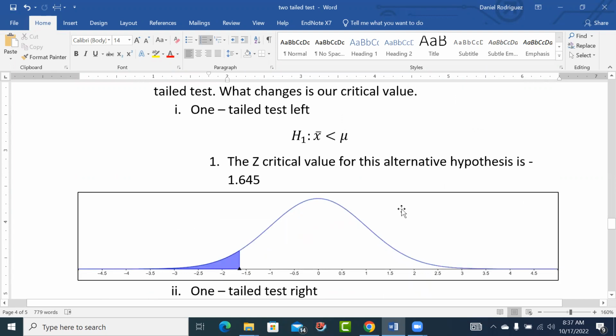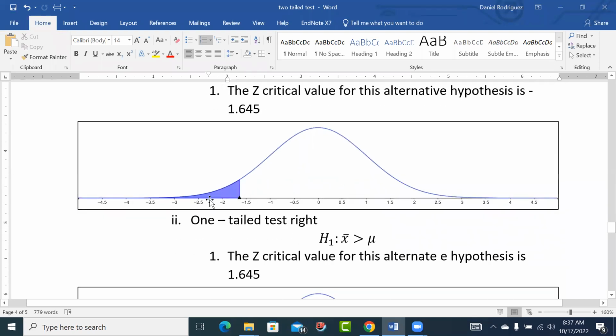In a one-tail Z test, the critical value for a one-tail test to the left of the mean, where the sample mean is less than mu, is negative 1.45. It's negative right here. And it's one tail, so that's the bottom here, right?